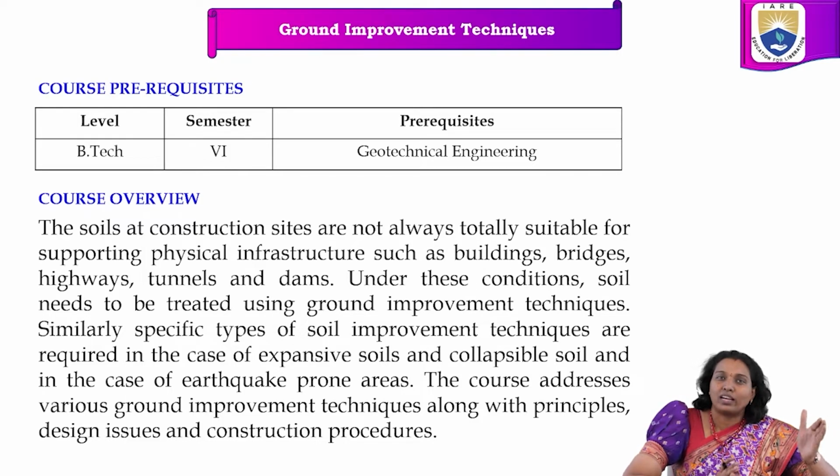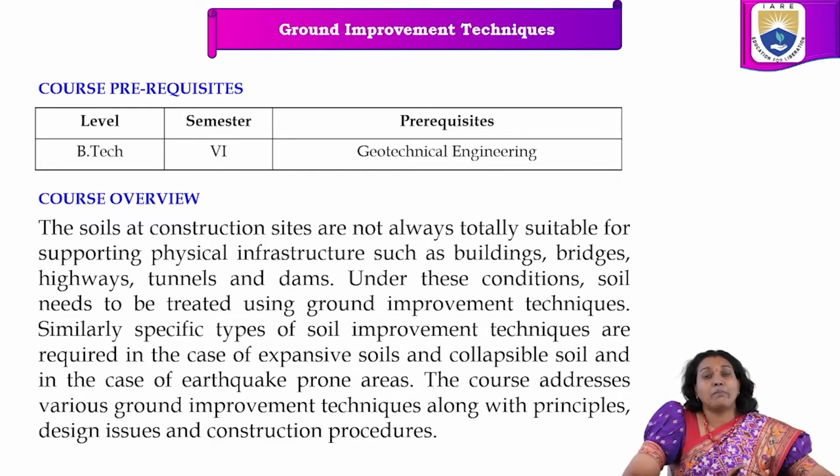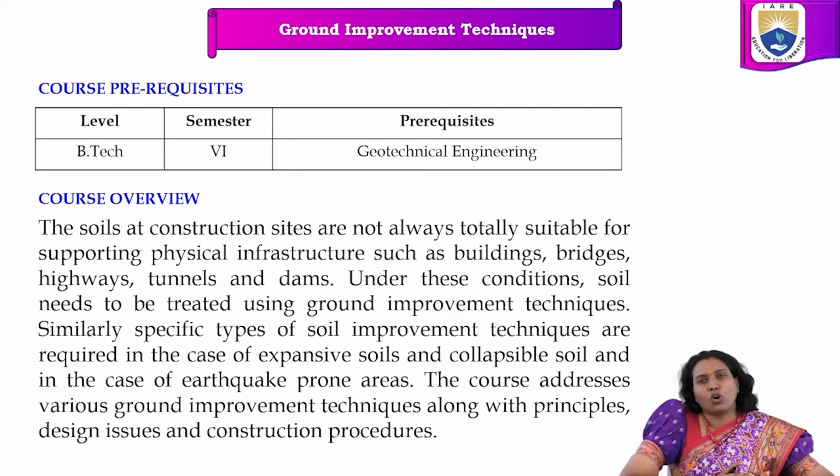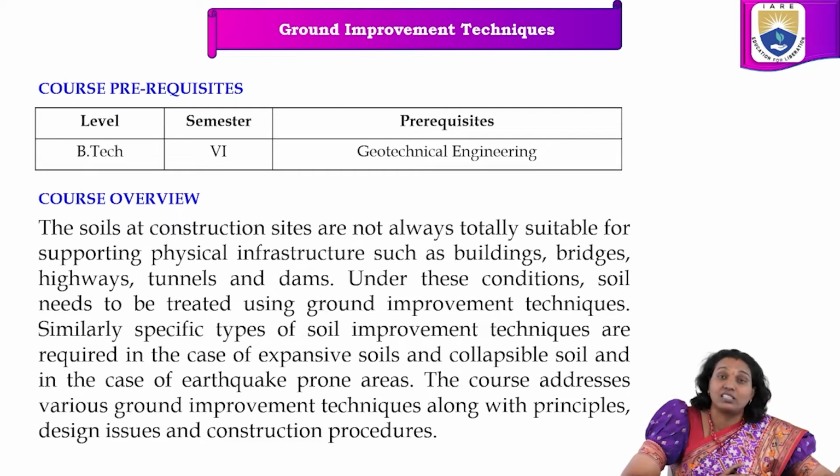For example, we have to construct a hospital for that particular locality. Nowadays it is a basic necessity. Hospitals and schools we can't avoid, whereas if the soil is not suitable, we may avoid some commercial or residential structures.